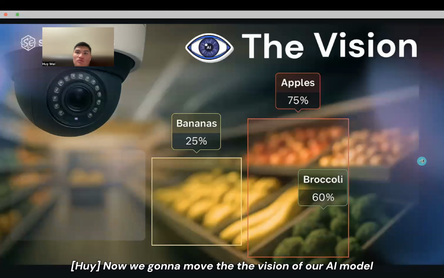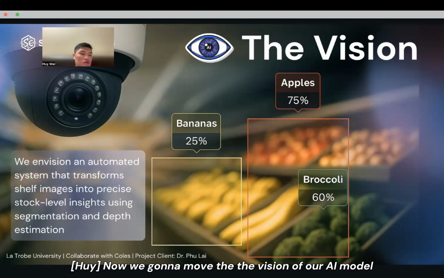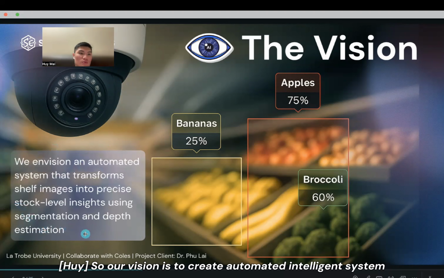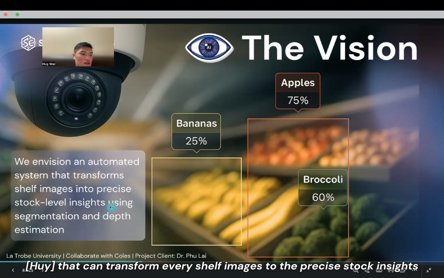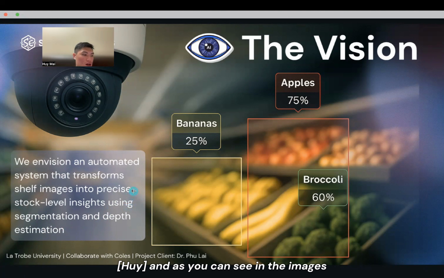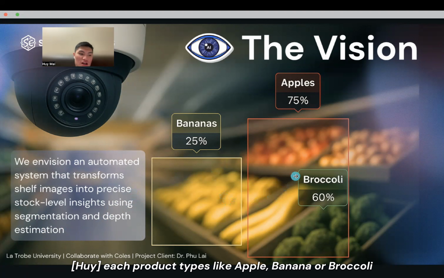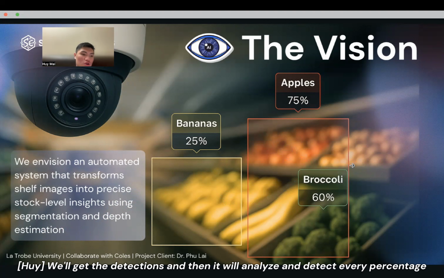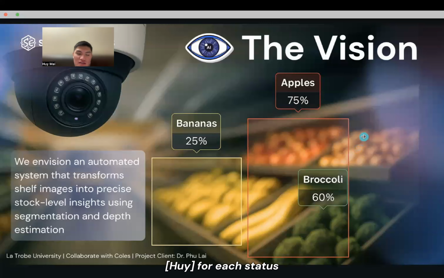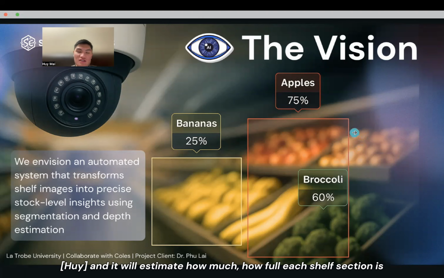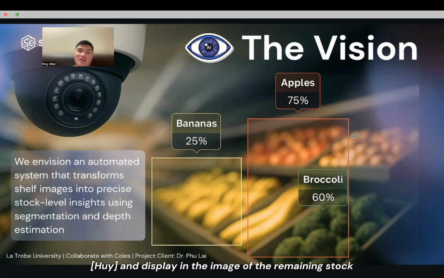Now we're going to move to the vision of our model. Our vision is to create an automated, intelligent system that can transform every shelf image into precise stock insights. As you can see in the image, each product type like apple, bananas, or broccoli, this is just our prototype, will get detection, and then it will be analyzed to detect the percentage for each status, and it will estimate how full each shelf section is, displaying the percentage of remaining stock.